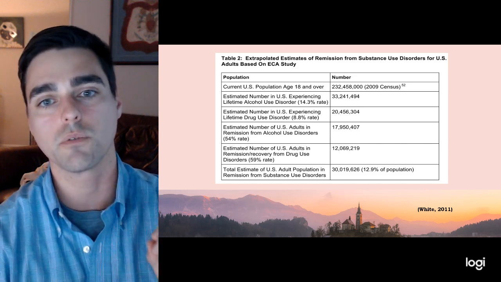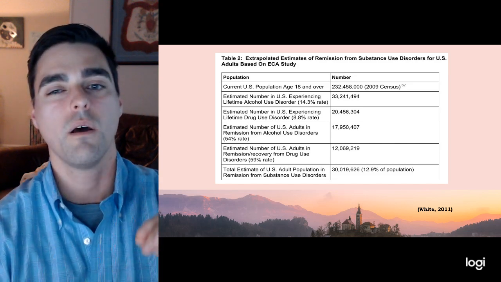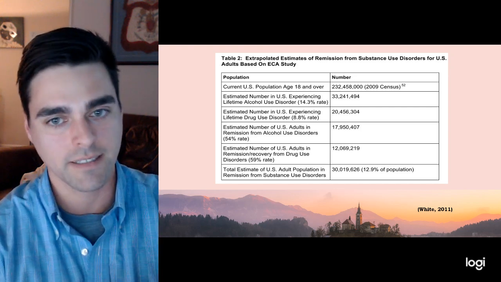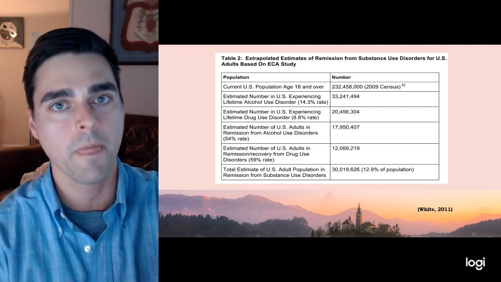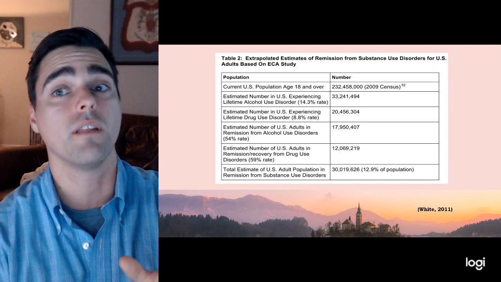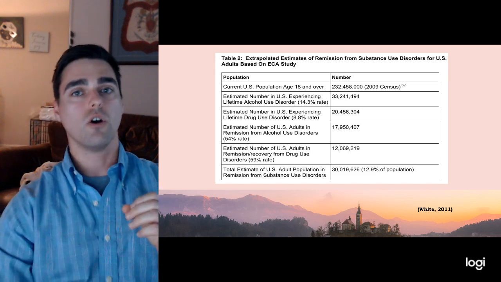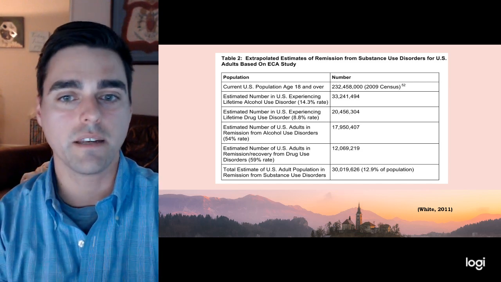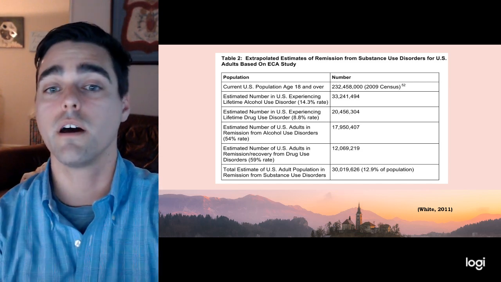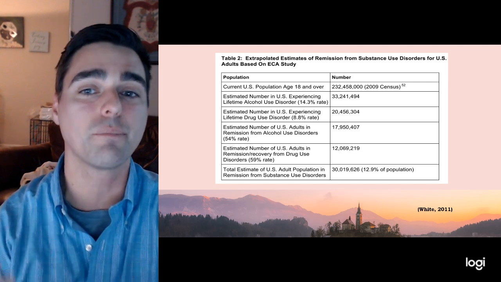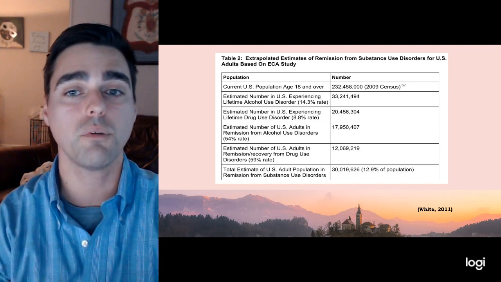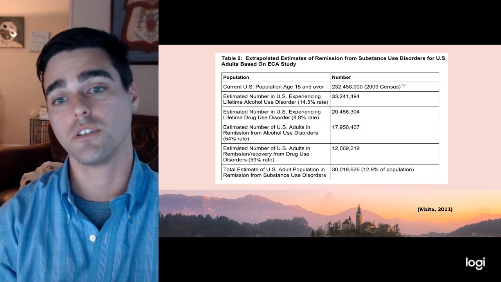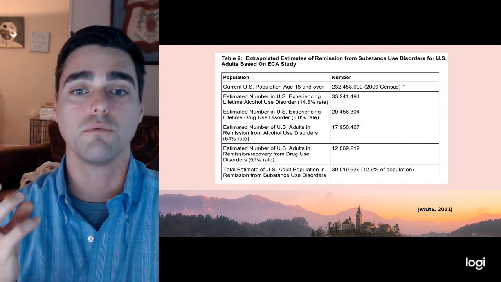And in general, what you can see is that about 14.3% of everyone in the United States, at some point in their life, will qualify for an alcohol use disorder. But then you get down to the estimated number of adults in remission or recovery, and that becomes 60% of those people who at some point in their life had a substance use disorder eventually reach recovery.